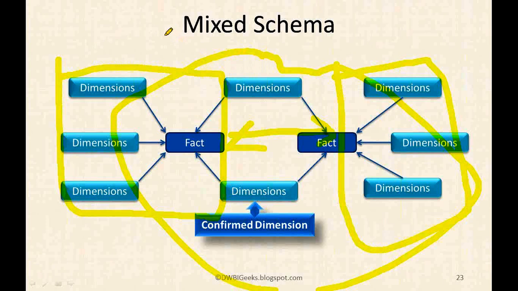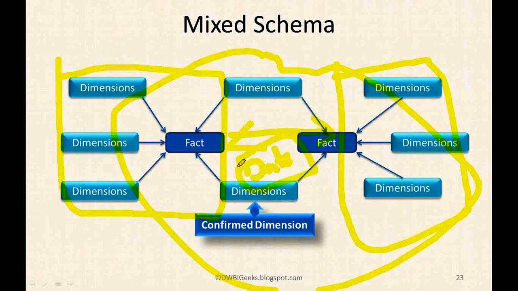As I have discussed previously with you guys, there is a term called conformed dimension, right? A conformed dimension is nothing but a dimension table that is shared between two fact tables. That is like date, the corresponding month, the corresponding year, corresponding week, day of that date.